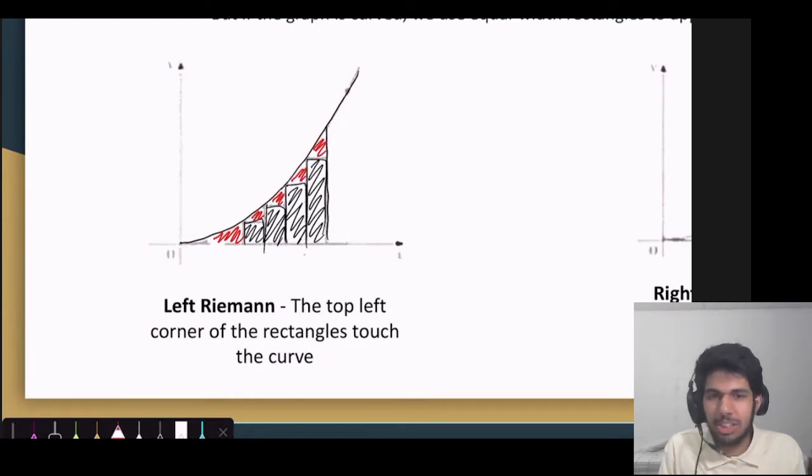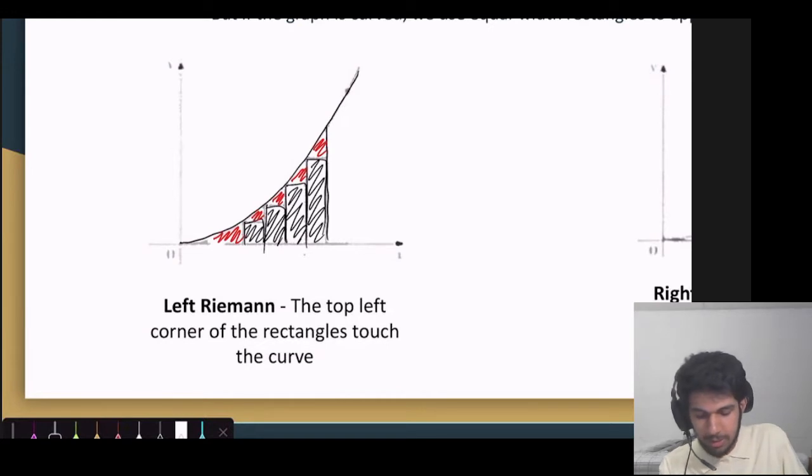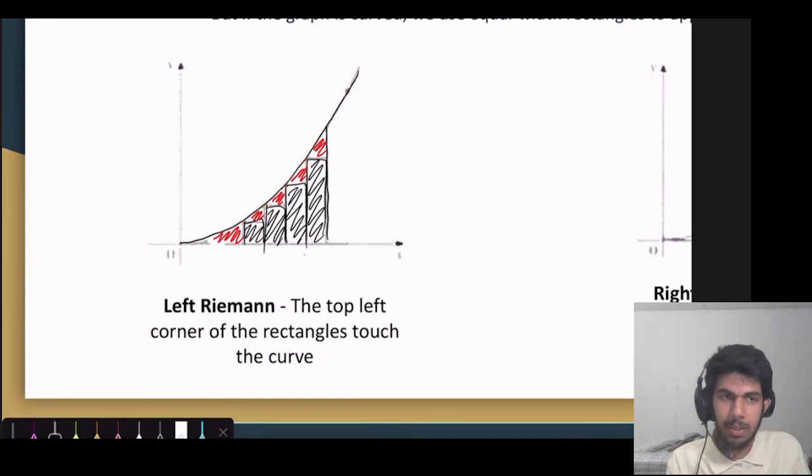It's a good approximation. It's the best that we have. Rectangles are easy to work with. It's easy to find those areas. And this is what we call a left Riemann sum, because the top left corner of the rectangles touch the curve. So here, here, here, here, those are the top left corners of the rectangles.